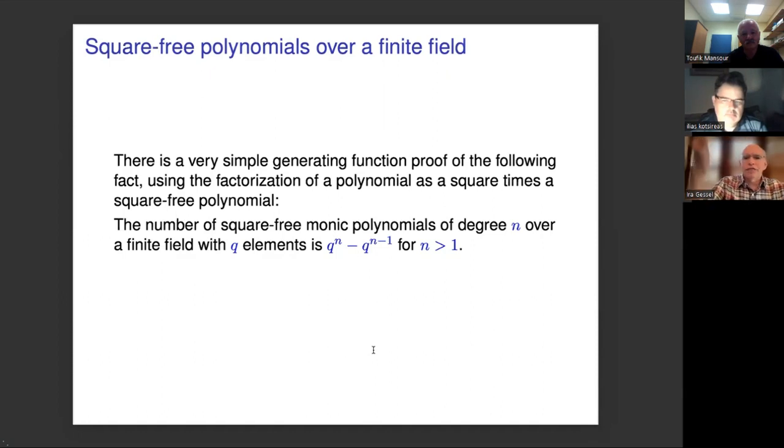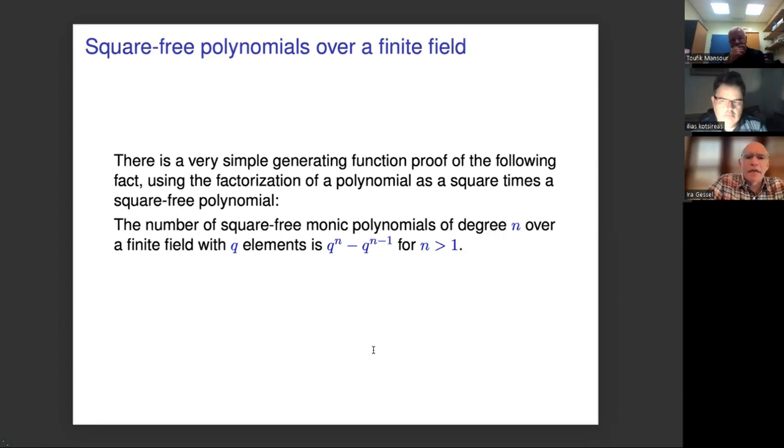So that gives you a generating function relation for all polynomials and square-free polynomials. And all polynomials and squares are easy to count. So you invert that to get the generating function for square-free polynomials.